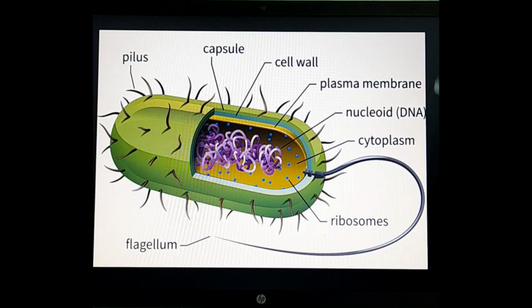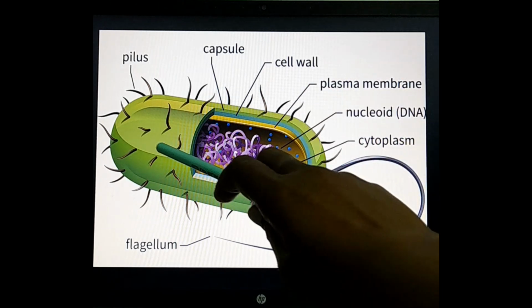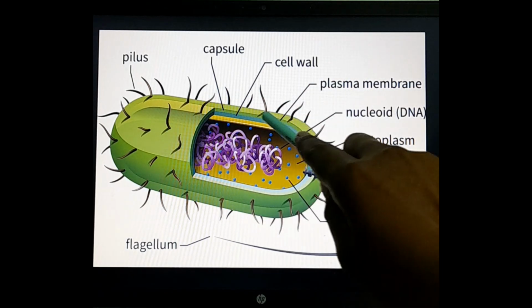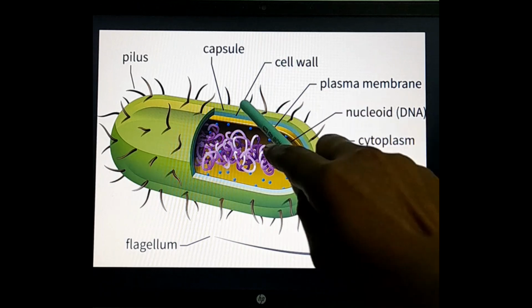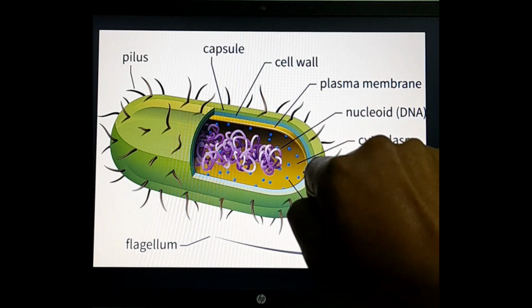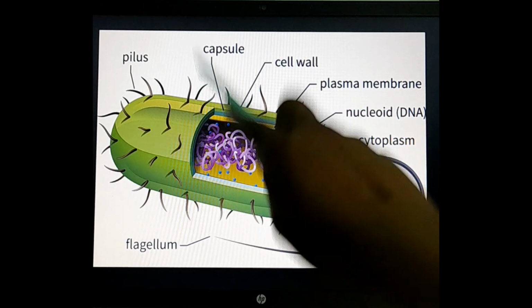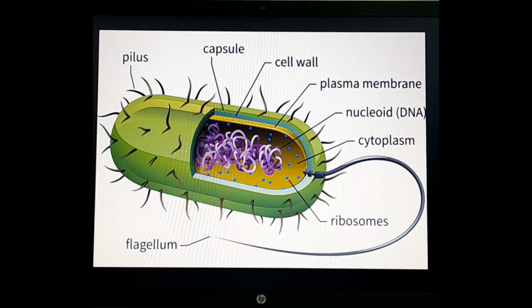See the prokaryotic cell. The structure of the prokaryote. The outermost layer, see the green color layer, is called the capsule. Because this is a unicellular organism, they need special protection from the external environment.